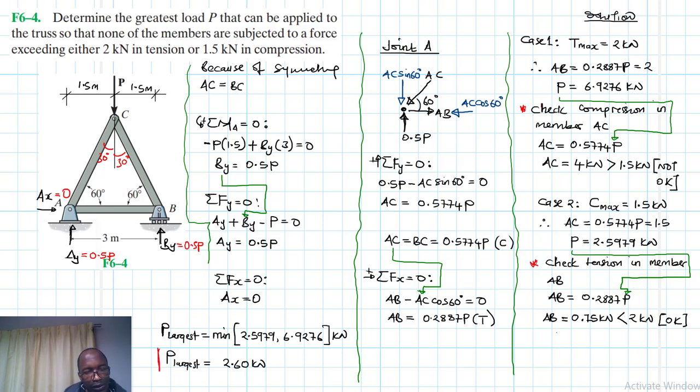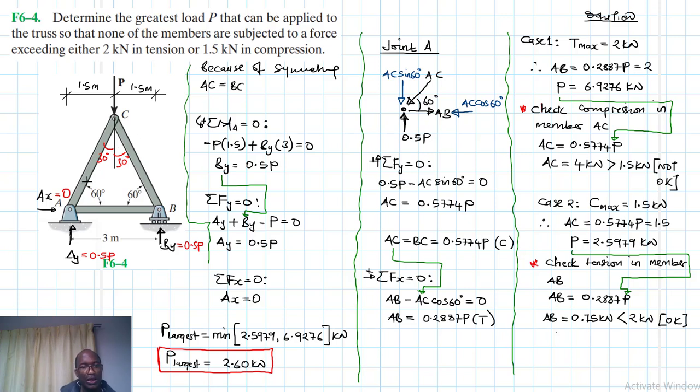So this is our final solution. P largest is equal to 2.6 kilonewtons. When we apply 2.6 kilonewtons there, our tension will not be exceeded.